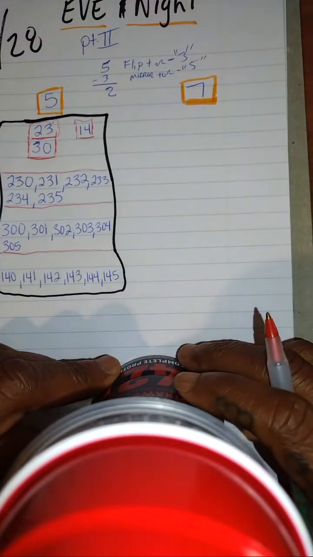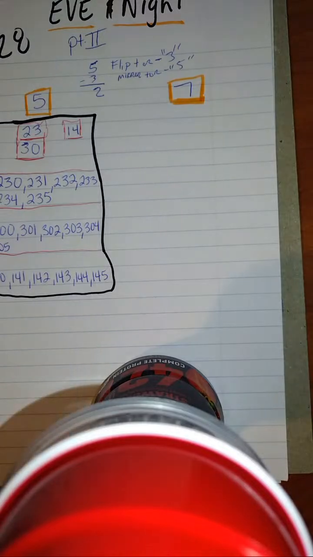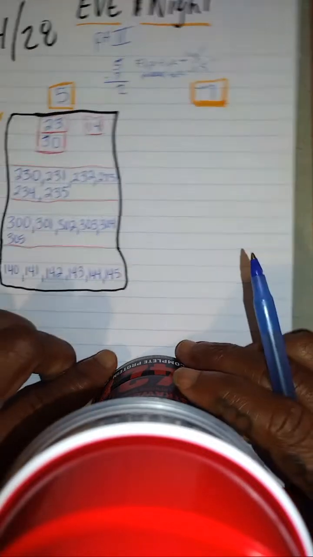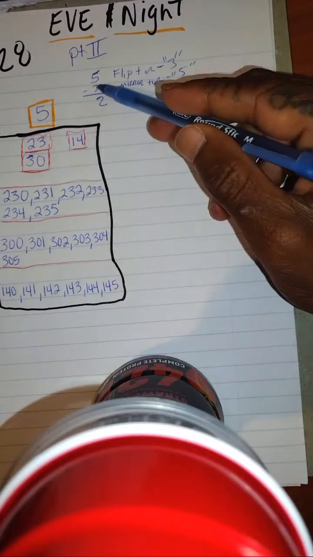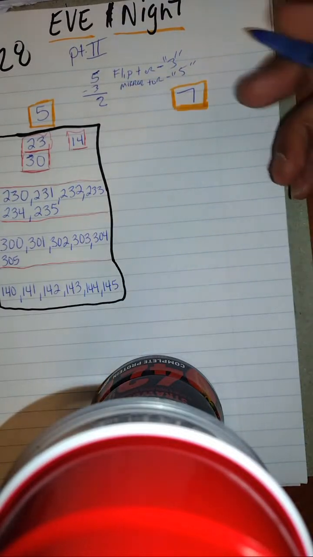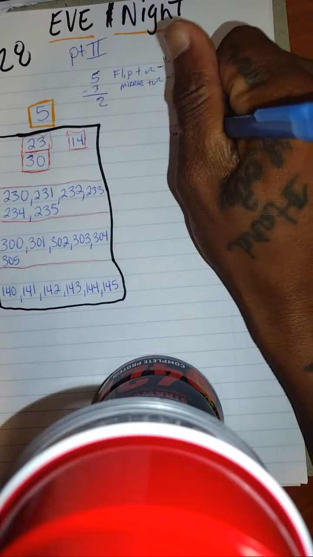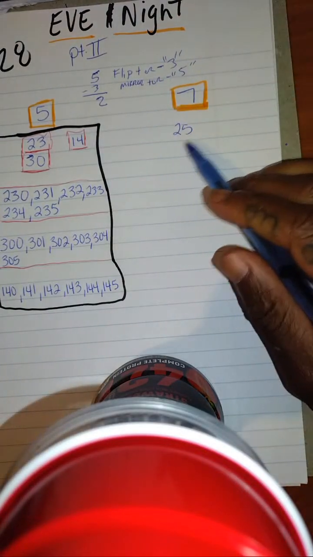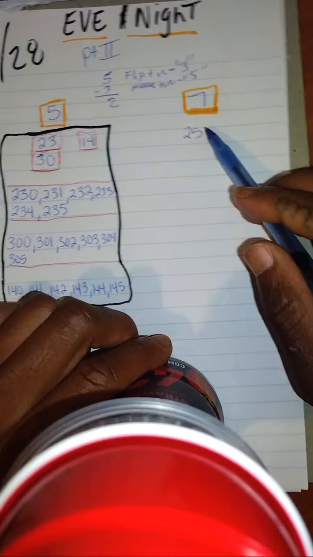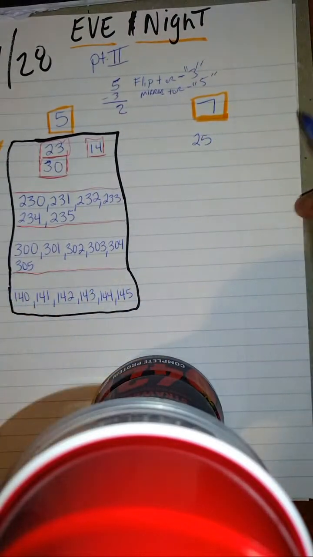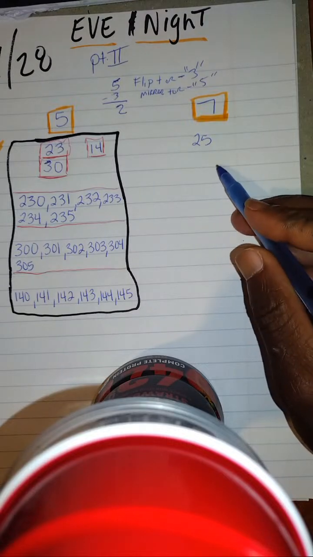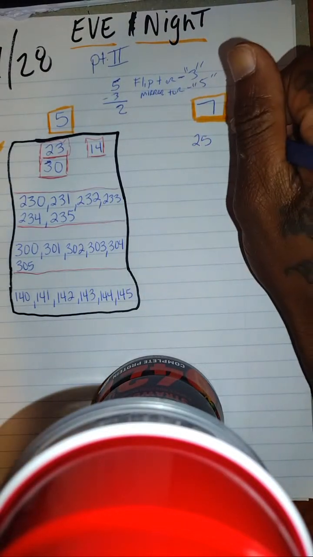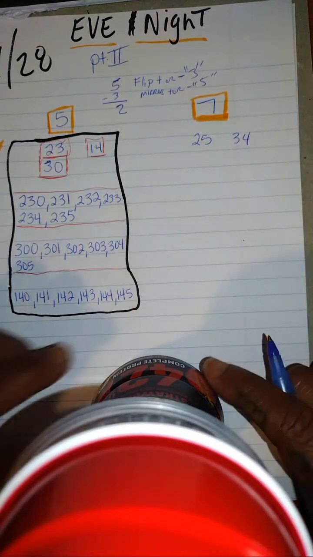Then I go over to my 7 side. My 7. A 5 and a 2 give me 7. One up, one down. A 3 and a 4 does the same.